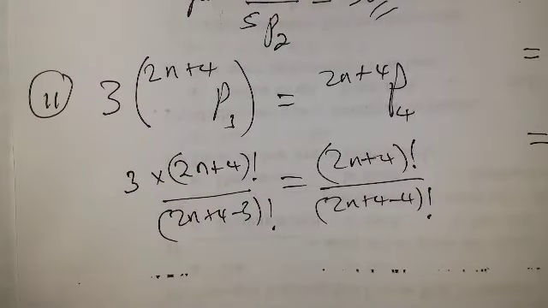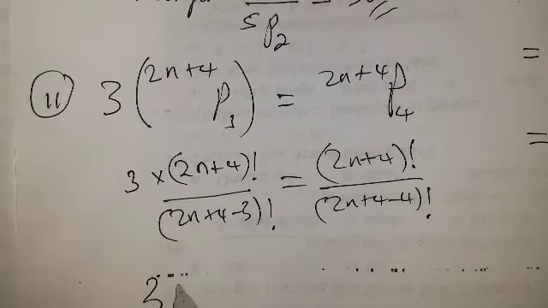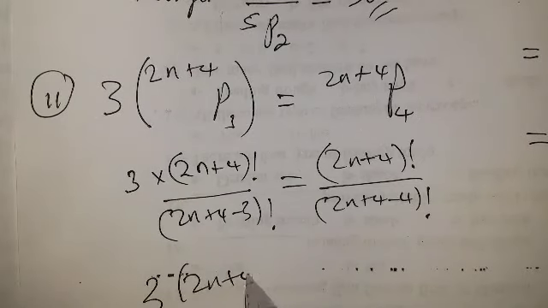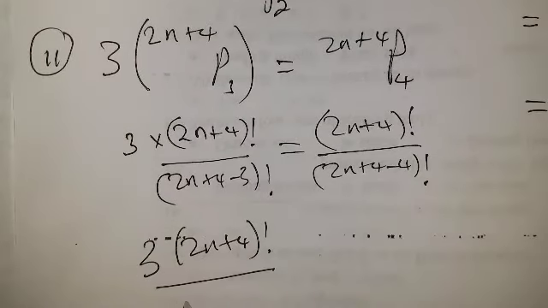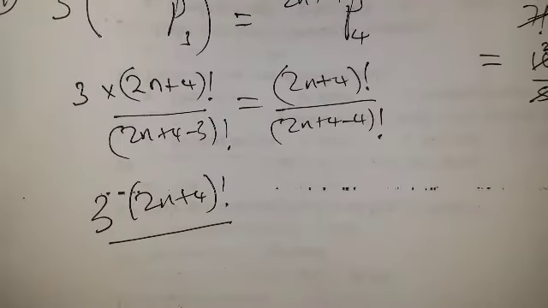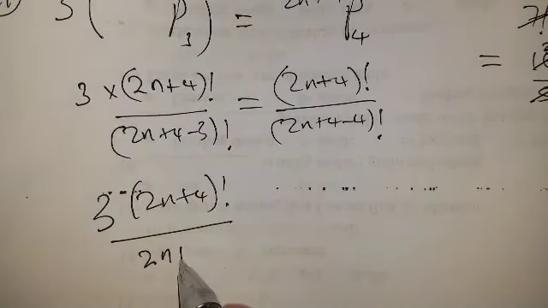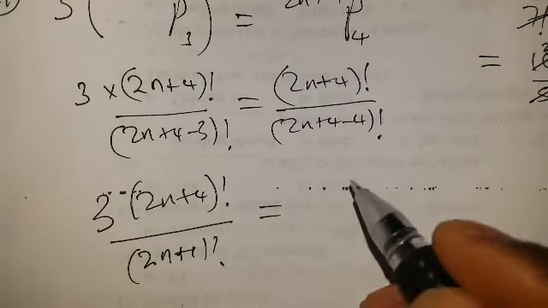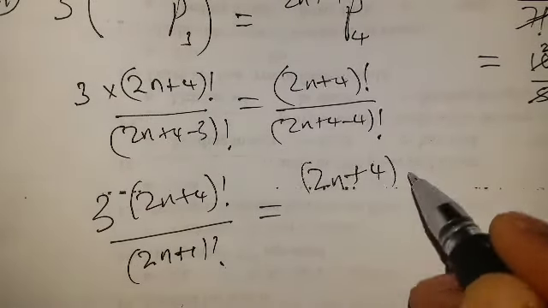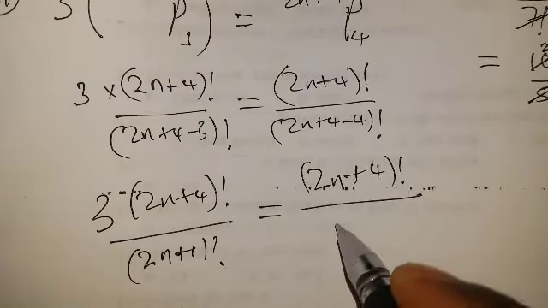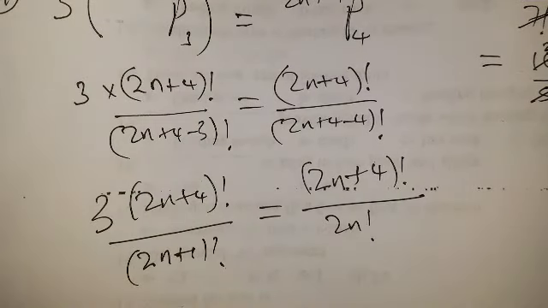This is the same thing as we have 3 times (2n plus 4) factorial over (2n plus 1) factorial is equal to (2n plus 4) factorial over 2n factorial.